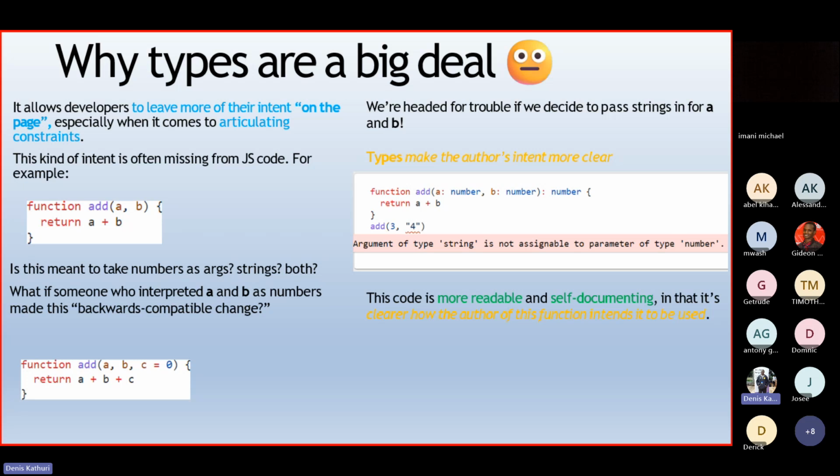So these are now the powers of types, and also the code is readable and self-documented. It's clear to the author that the function is expecting two parameters, A and B, of type number.